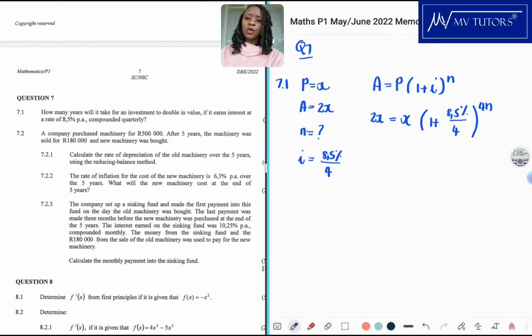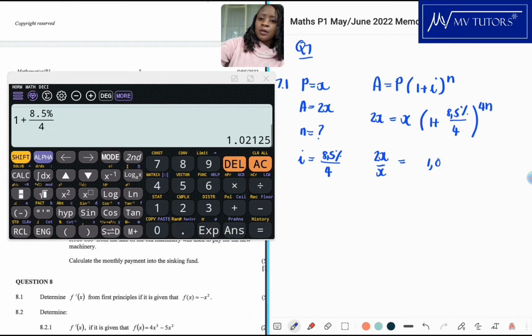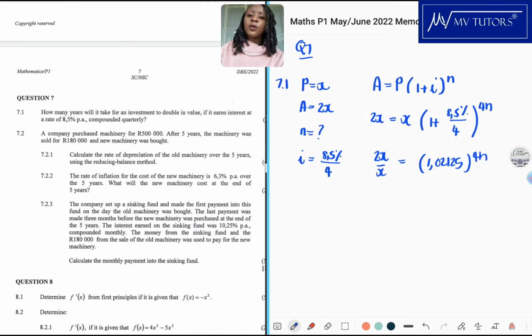And now we can solve. Alright, so we're going to have 2x divided by x. And then in this bracket, let's see if the calculator will give nice values. Shift percentage over 4. Okay, I think we can write down this value, 1.02125, and all of that is to the power 4n rather.